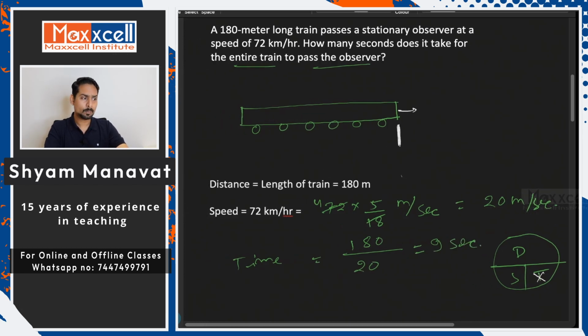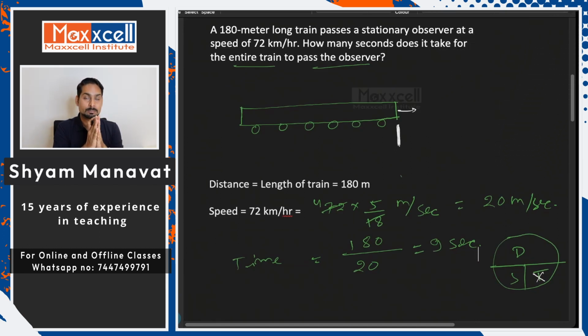I'm sure you will be able to apply this formula. But the important thing is, are you able to understand that a 180 meter long train passes a stationary observer, a thin object? In that case, the train has to cross the length of itself. In which case will we say that the train has passed the observer?